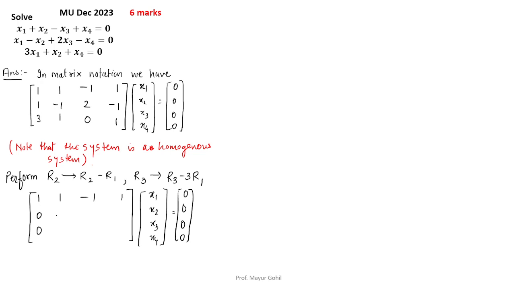So here on subtraction I'll get minus 2, here I'll get 1, here I'll get minus 2. Then here it is 3 times, so 1 minus 3 is minus 2. Here it is 0, so here I get 3. And here it is 1 minus 3, we will get minus 2.